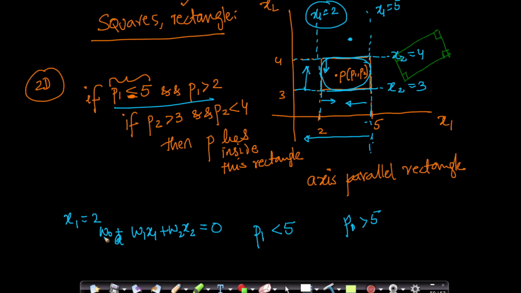So let's connect these two. I have a line like this, x1 equals 2, and this is the general form of the equation of a line, right? What is it equivalent to? It's equivalent to my w0 being 0, my w1 being 1, my w0 being minus 2. If I just replace these values, what I get is exactly x1 equals 2.